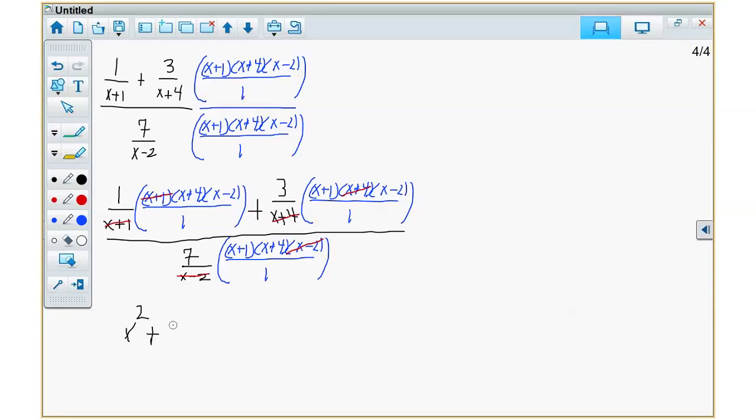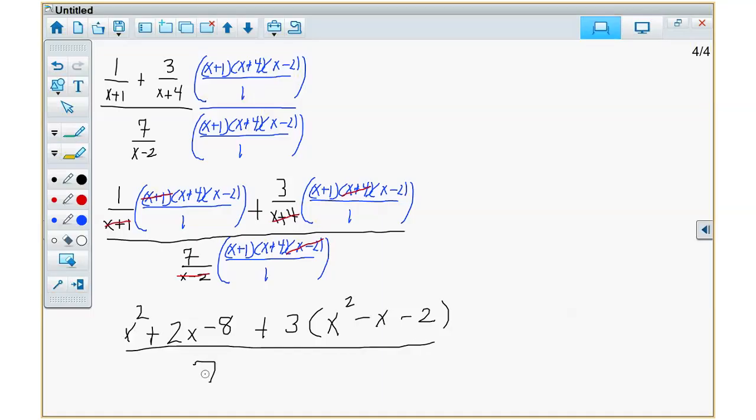Plus 3 times x squared minus x minus 2 over 7 times x squared plus 5x plus 4. I'm letting y'all check me, so make sure I didn't make a mistake.